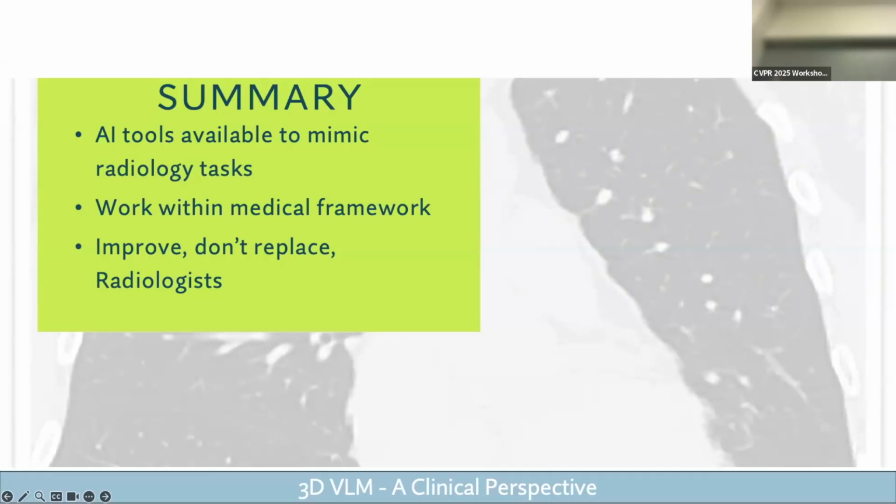So I have a question. First, my background is computer science. Actually, I'm an AI scientist in Siemens Healthineers.